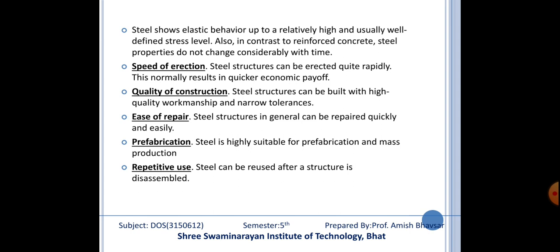Repetitive use: steel can be reused after the structure is disassembled. But in RCC, we can't do that because we must break down the members. But in steel structure, we can safely remove a member and reuse it somewhere else.